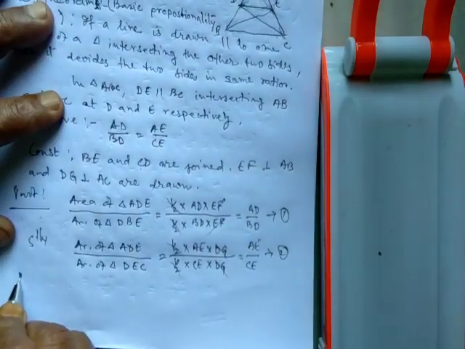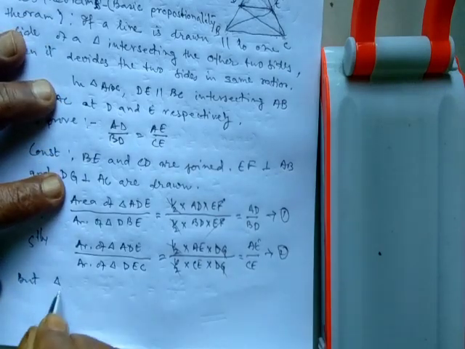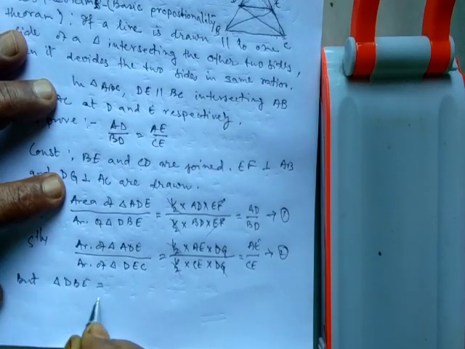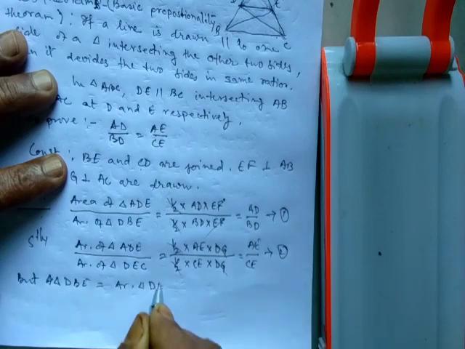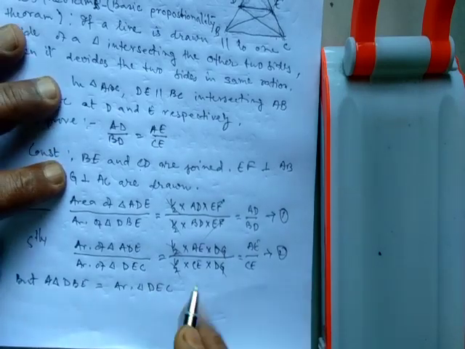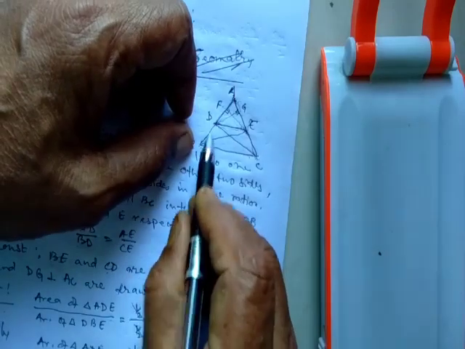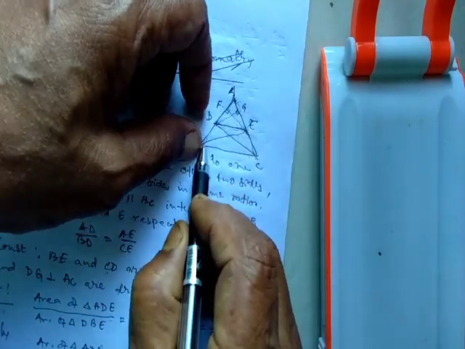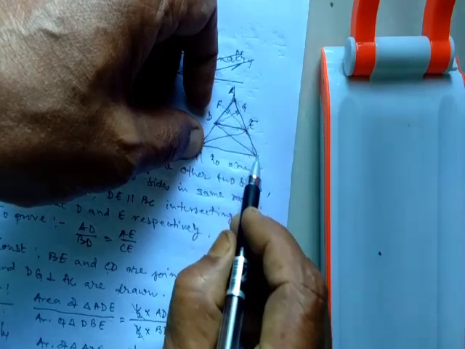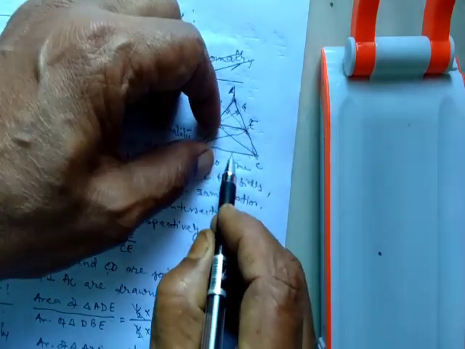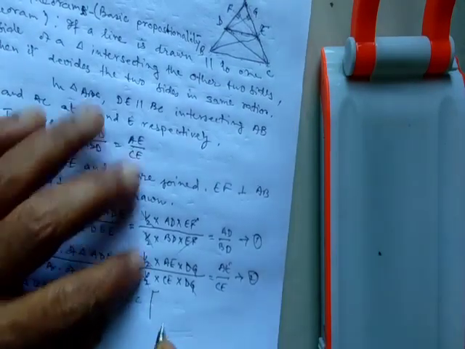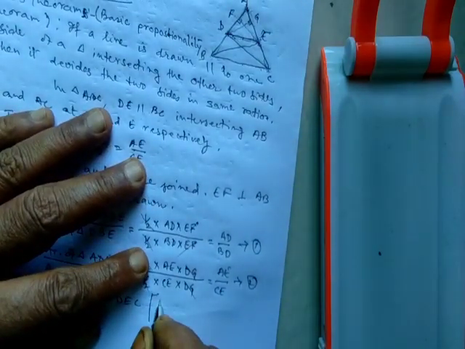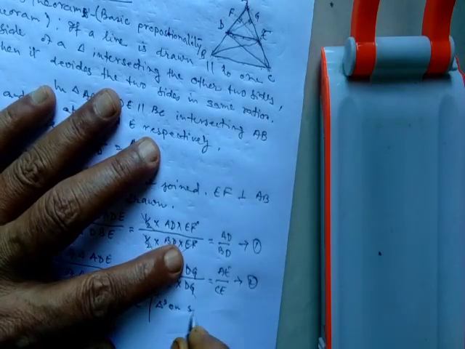But what happens is, area of triangle DBE is equal to area of triangle DEC. Why is it? Because both these triangles, DBE and DEC, lie on the same base and between the same parallels.